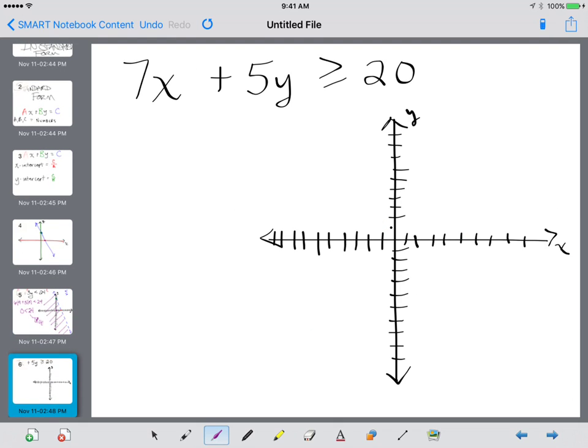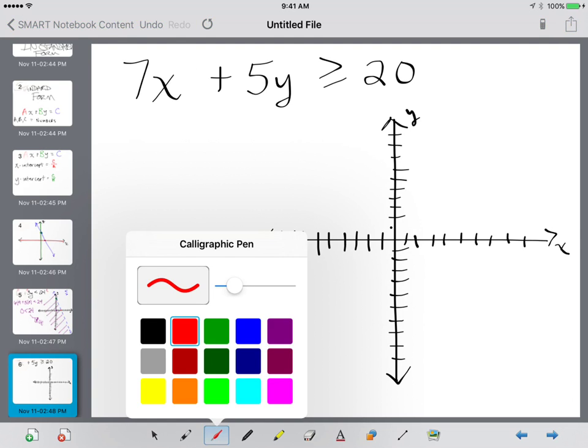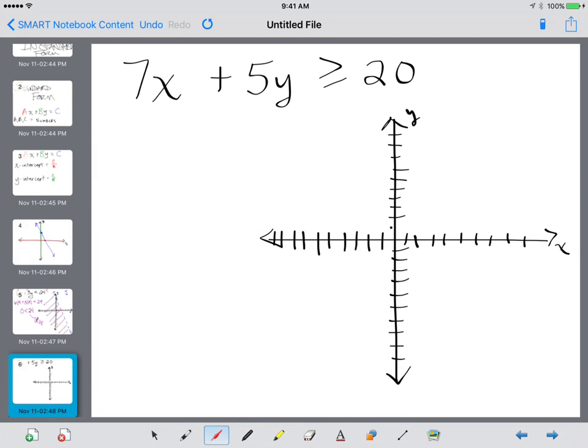Here's where it can get tricky. Suppose we go to this example. We have 7x plus 5y is greater than or equal to 20. We look to find the x-intercept, and you're going to take c divided by a. Remember that this is my a, this is my b, and this is my c.